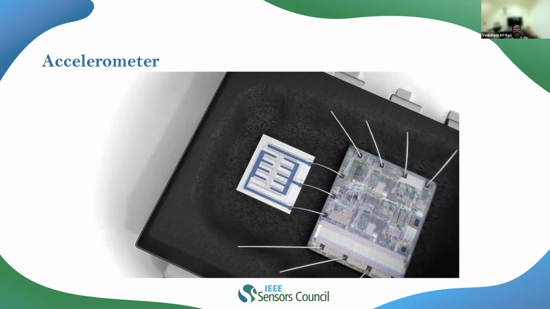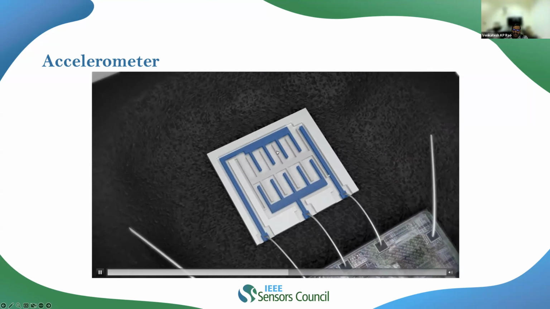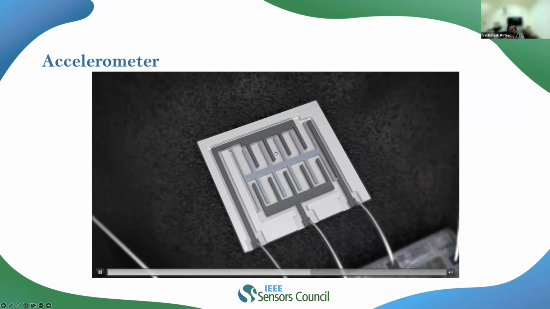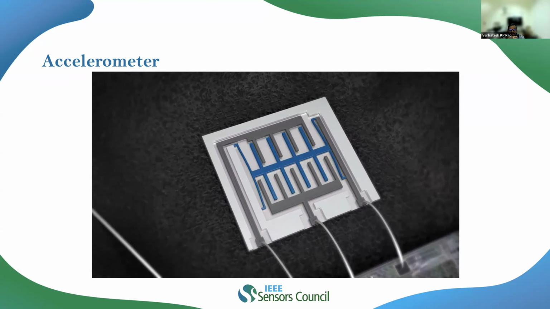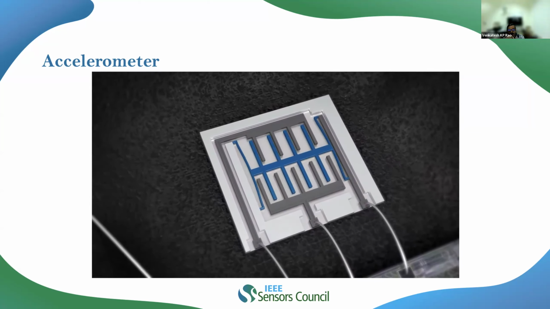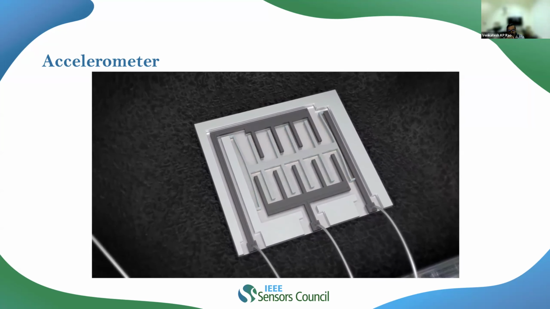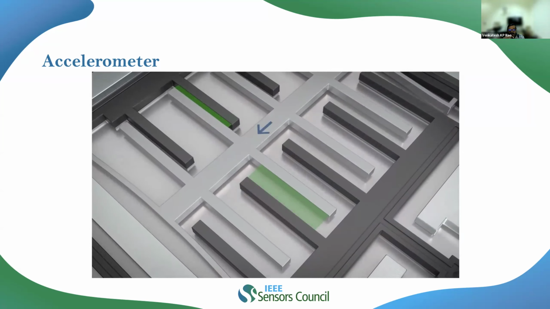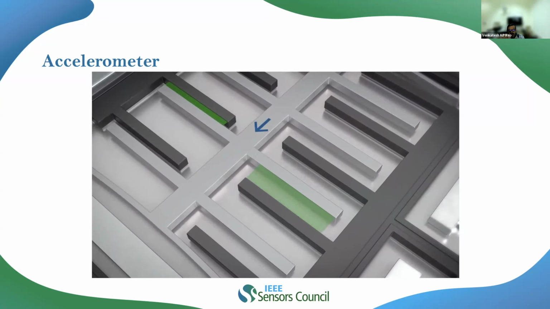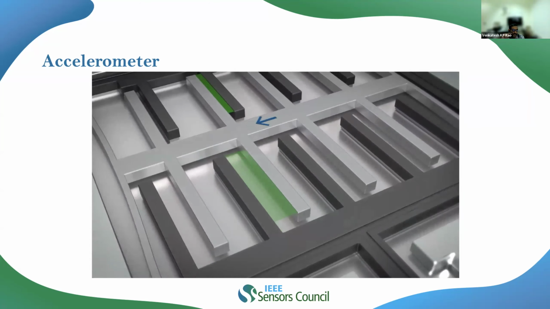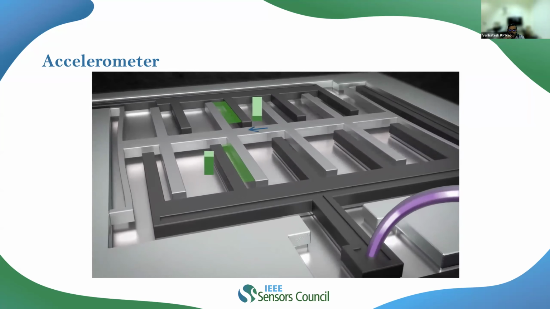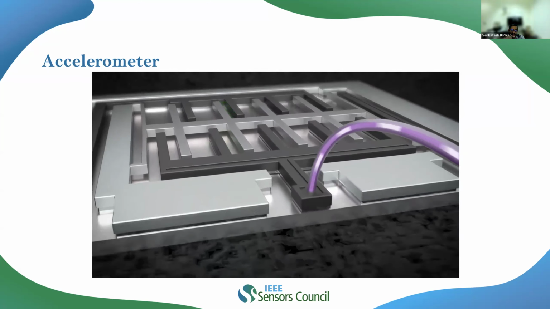Accelerometer consists of what? Your proof mass suspended by a set of beams, and we have comb drive resonators, which sense the change in capacitance, right? Depending upon acceleration or deceleration, there's a change in the capacitance that you can see there. Now that capacitance change is converted into the voltage output by connecting it to the ASIC.